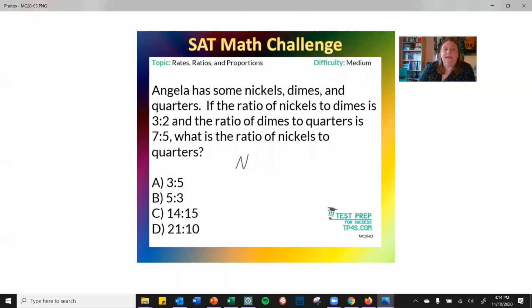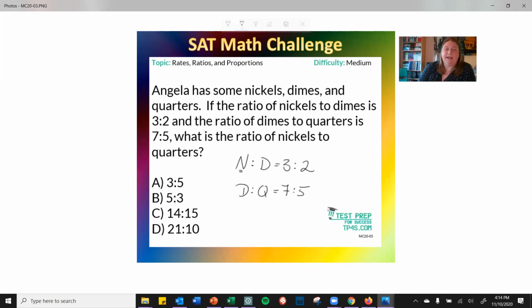Nickels to dimes is 3 to 2. And the ratio of dimes to quarters is 7 to 5. And the question asks, what is the ratio of nickels to quarters?